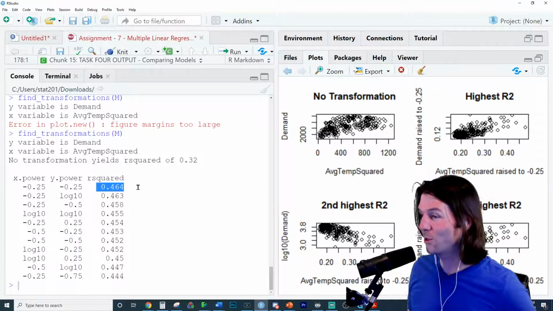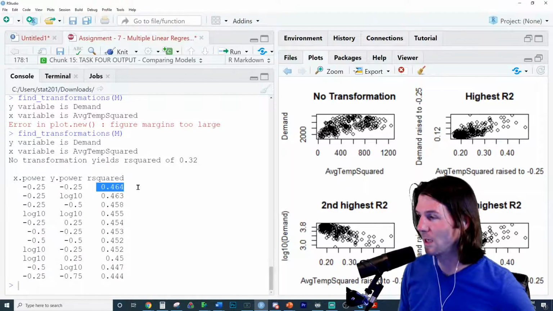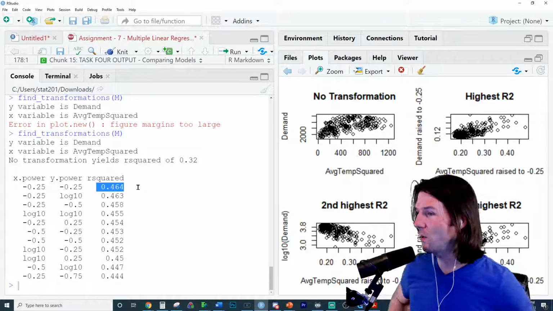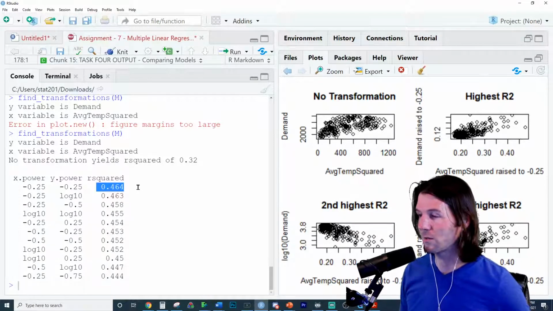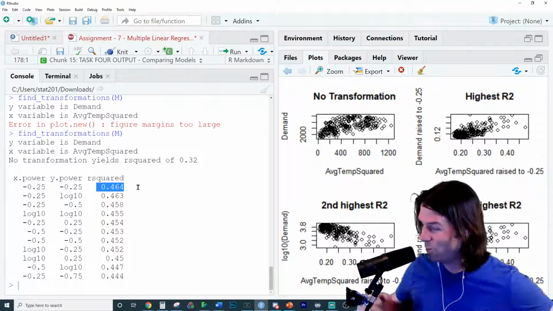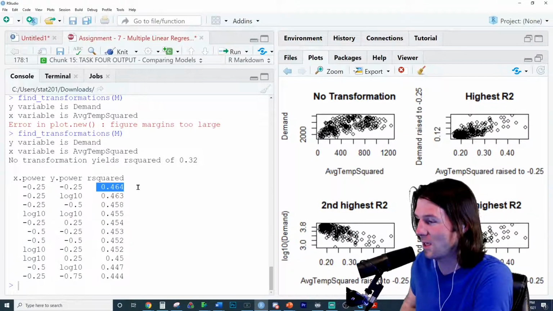But for the sake of creating a transformed variable, I'm going to use this polynomial term right here, the second order polynomial. I think that's fair to do. Statistically speaking, we would not choose a transformation at this point or a polynomial degree to raise the variable to. But with doing an assignment, I shall humor this and use the second order. Does that make sense?